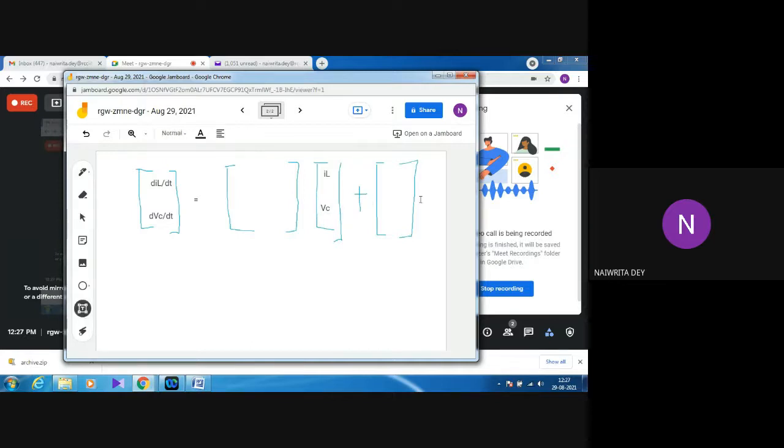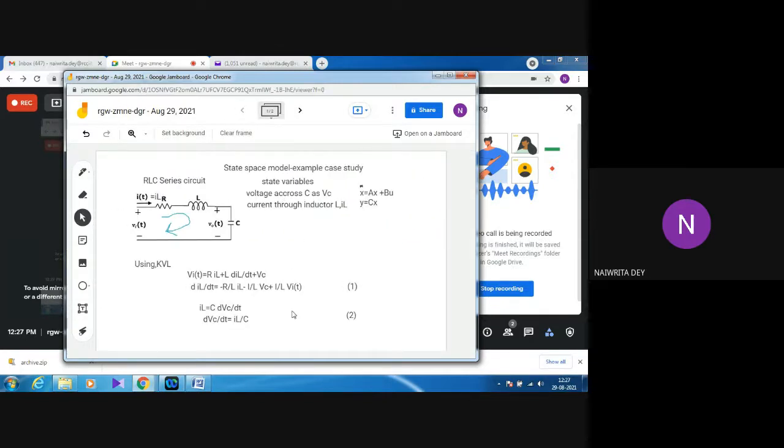And what is our input? This is a single input, single output system, so this is Vin(t). Let me shift it like this. Now I will go back to equation number 1 and check the coefficients of IL and VC. What is the coefficient of the IL state variable?